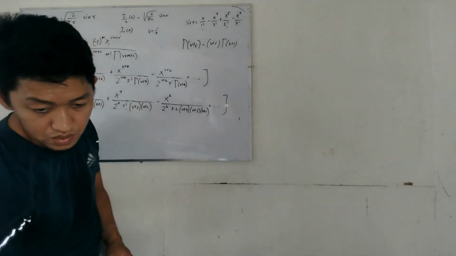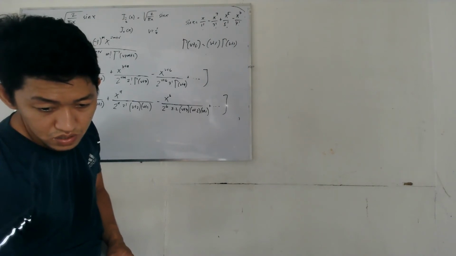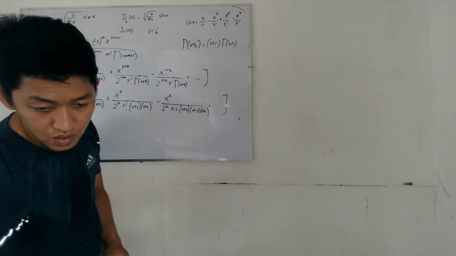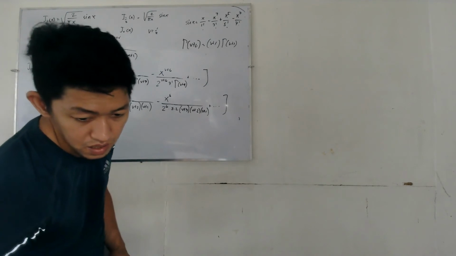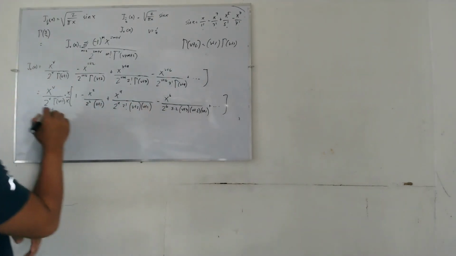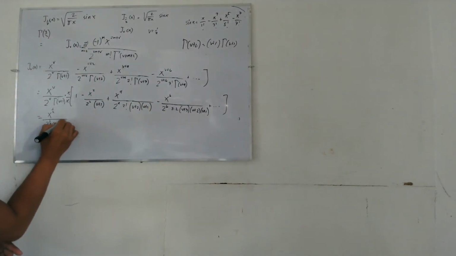This is just equal to square root of pi over 2. So mahimo ning square root of pi over 2.